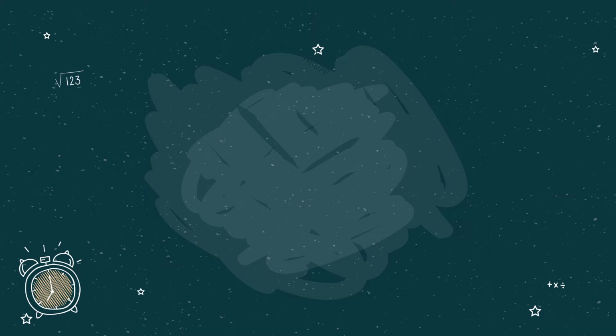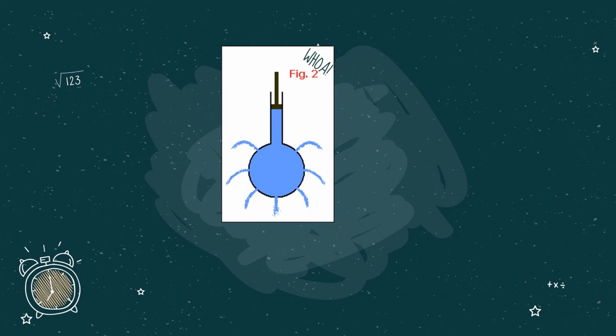So, what do you think happened in this activity? Yes, good. We can see the flow of water out of the Pascal piston. Now, let us observe the flow of water out of the hose when the Pascal piston is pushed inwards.